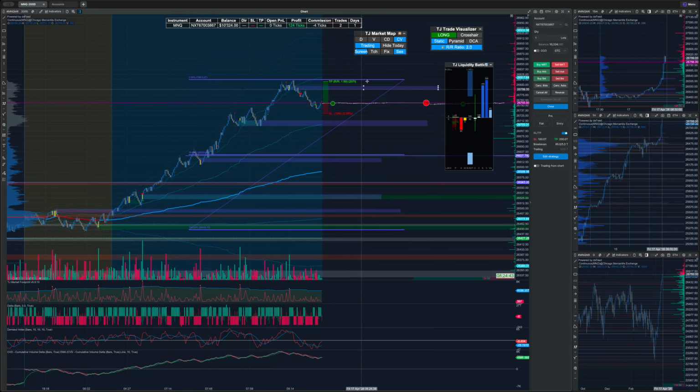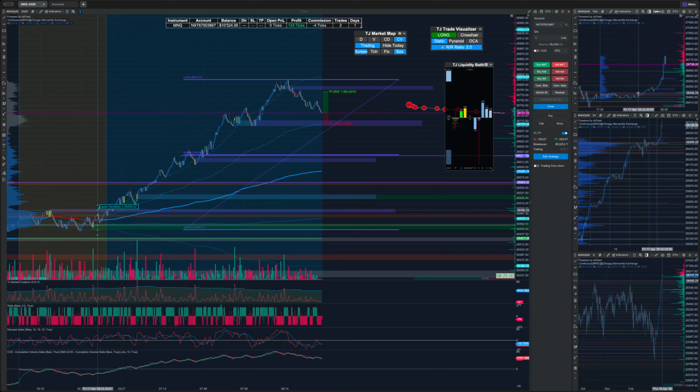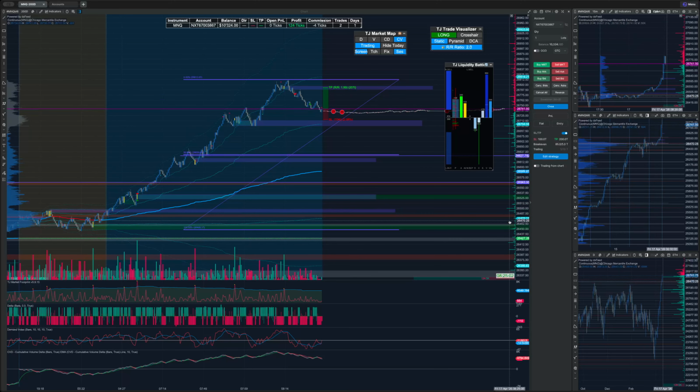Could go even higher further. If you look here, the market went a huge jump from the Asia high, nearly 1,300 ticks up there. Wouldn't be surprised if there is a little consolidation or correction happening then.